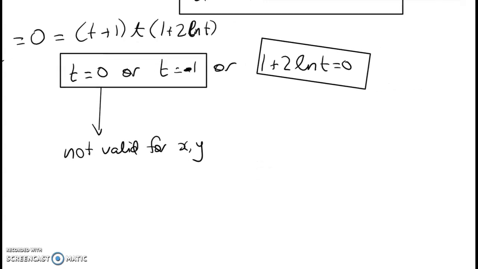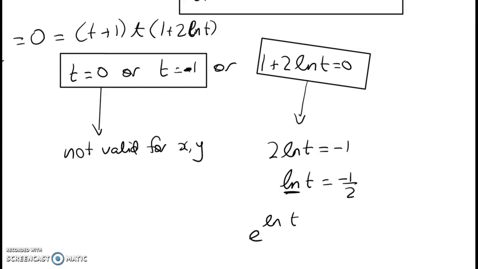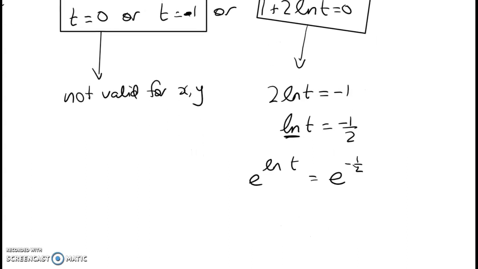And we have to get, I think we had to get an exact value for this. So 2 ln t is equal to -1, ln t is equal to -1/2, and exponentiating both sides, which is how we undo the natural log, we get t is equal to e to the -1/2.